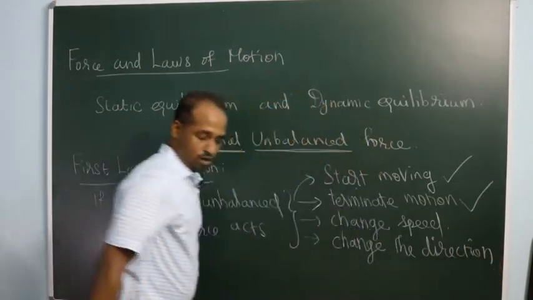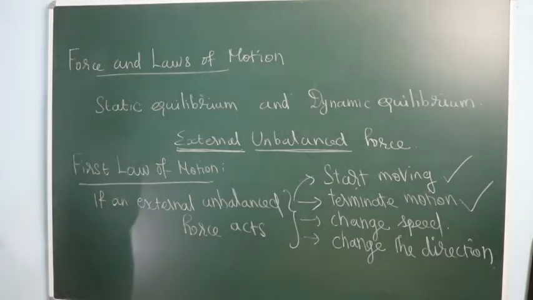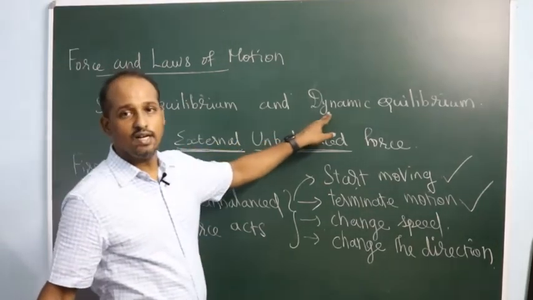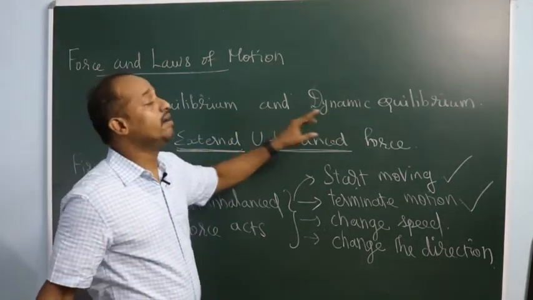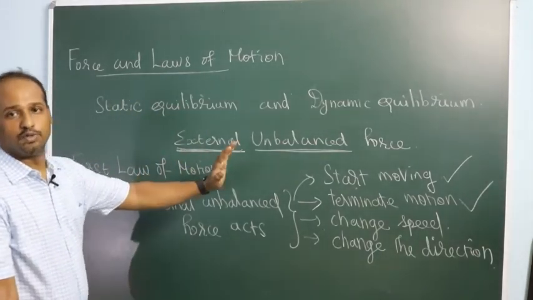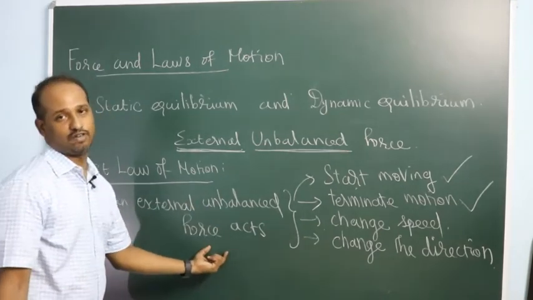So what is Newton's first law? The first law of motion says that an object at rest, that is static equilibrium, or an object moving with constant velocity, that's dynamic equilibrium, will continue to do so until an external unbalanced force acts on it.